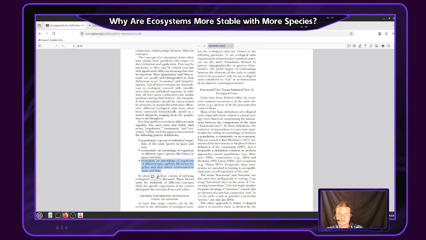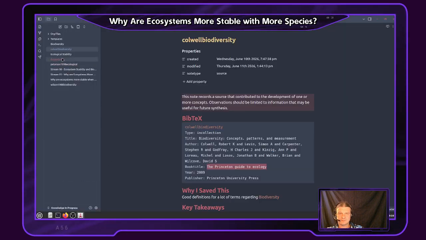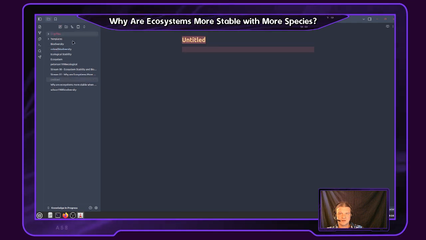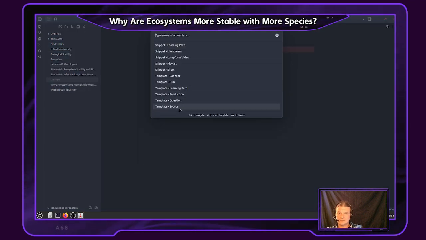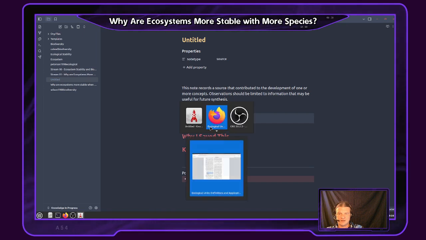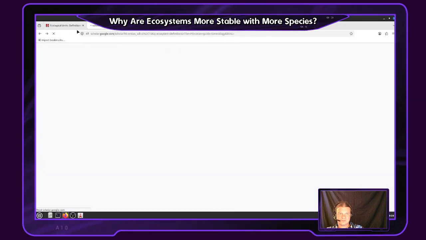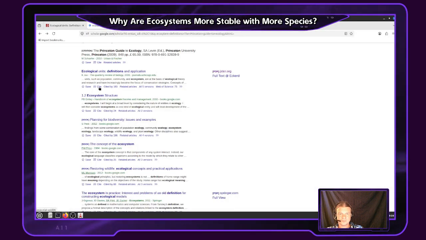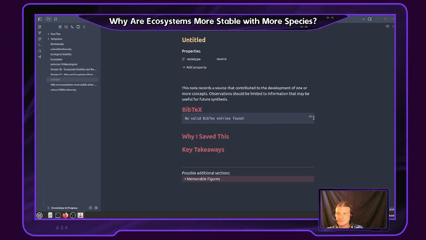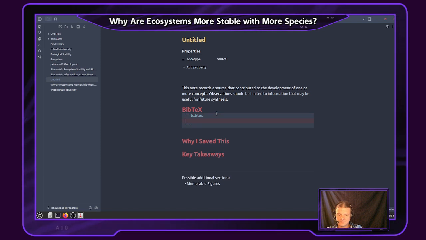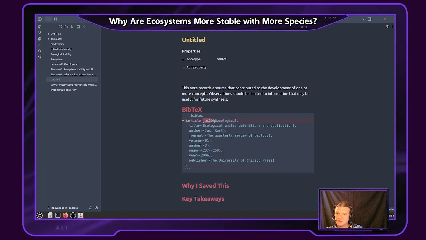So we will need to create a new source here. So we'll create a new note. We will need the citation. We'll take our citation key and make that the name of the note.